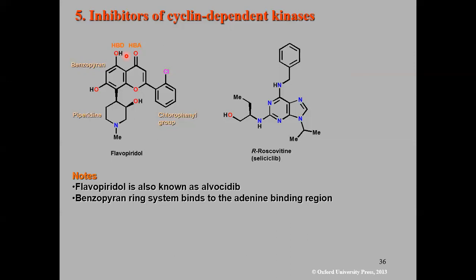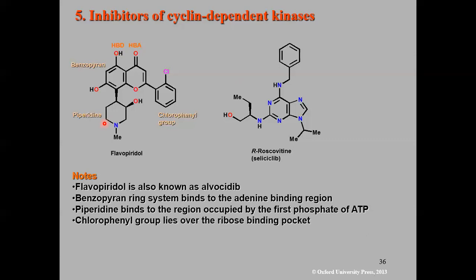The benzopyran ring system binds to the adenine binding region. What's the other name of the adenine binding region? The hinge region. The piperidine group binds to the region occupied by the first phosphate of ATP, which means it's a polar, hydrophilic group.